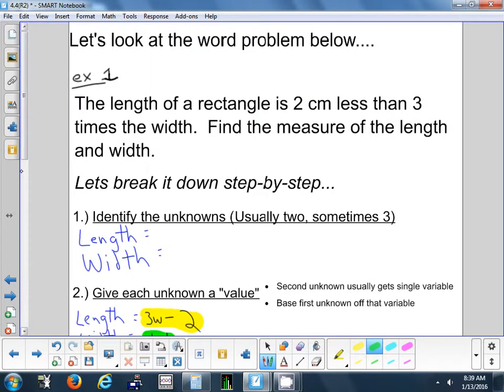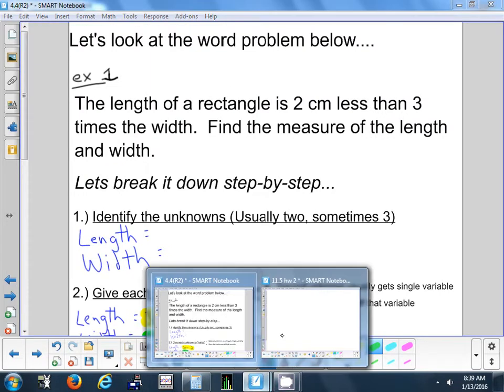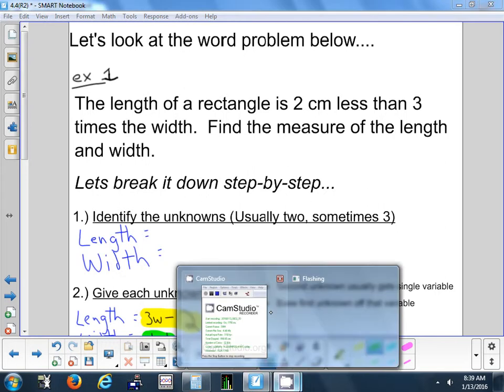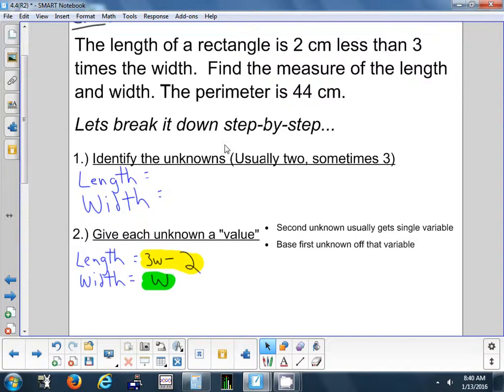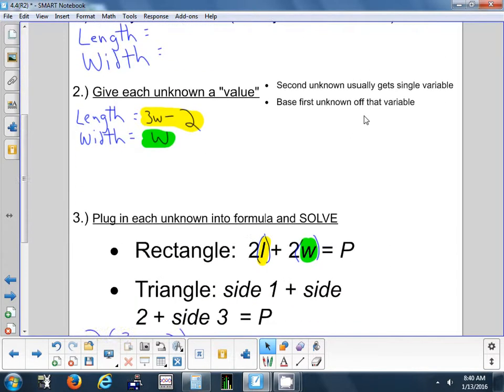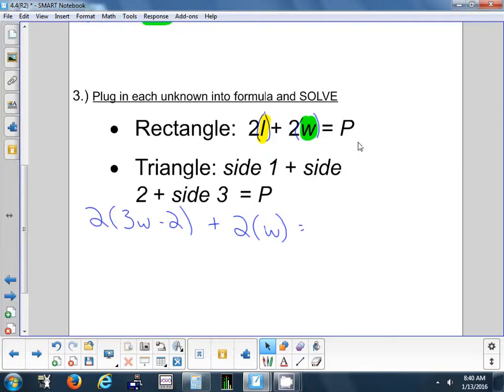Oh, man. Didn't put a perimeter on there, Mr. Hager. All right, so we know the perimeter, like Mr. Hager just added in, and we know our perimeter is 44. All right, so we'll go back down. So this whole thing's going to equal what? 44.